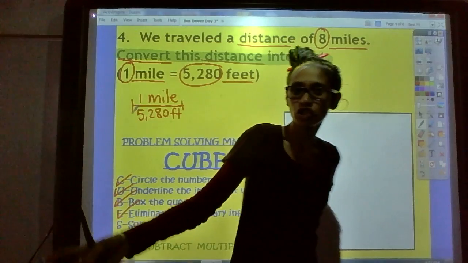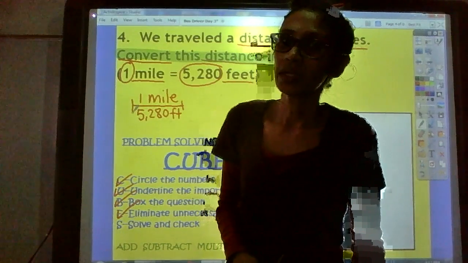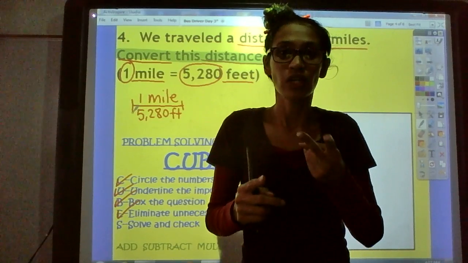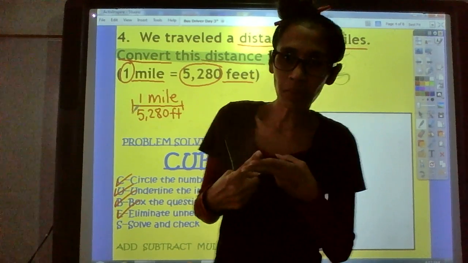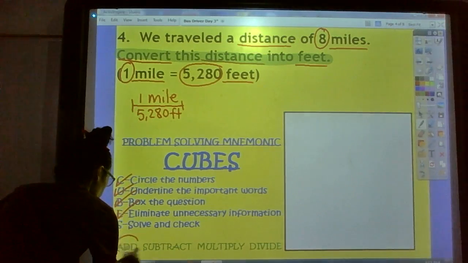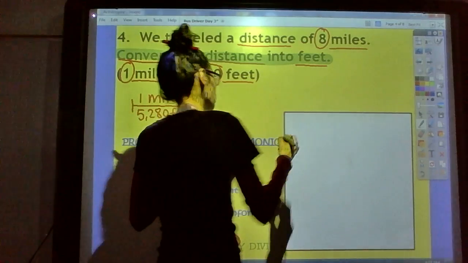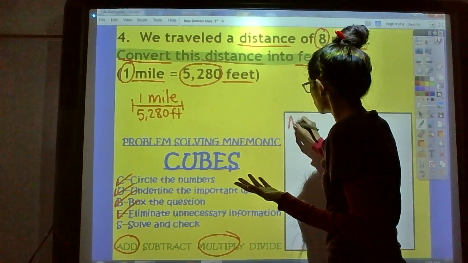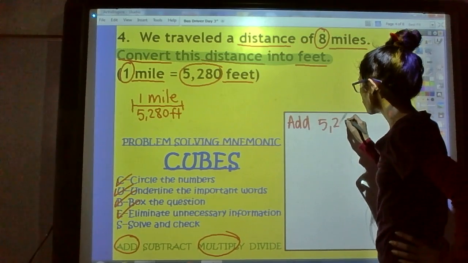What operation should we do? Do we add, subtract, multiply, or divide? Now we can do two ways. We can either add or multiply. We need to add 5,280.